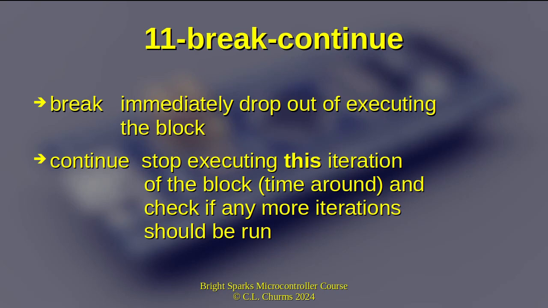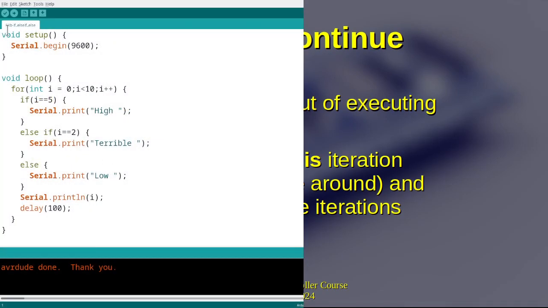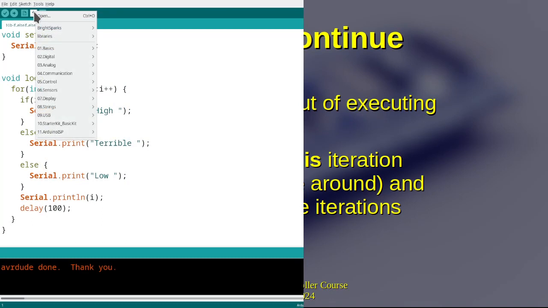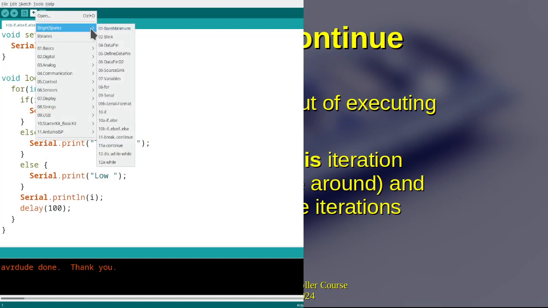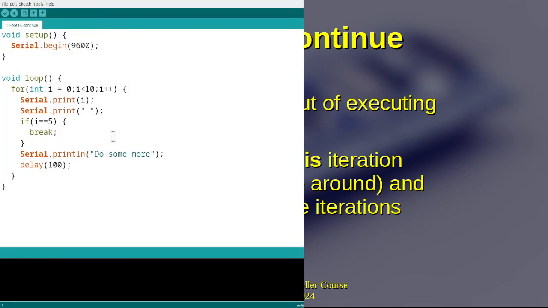So we load up the example, BrightSparks break continue. Now we're going to look at the break part of it. Normal loop: for int i is 0, i is less than 10, i plus plus.